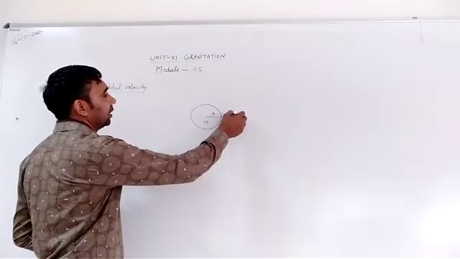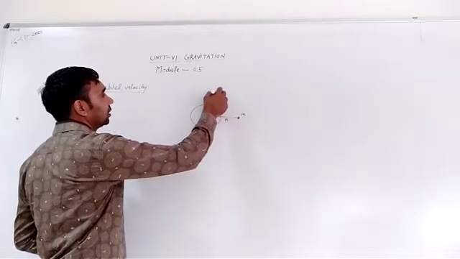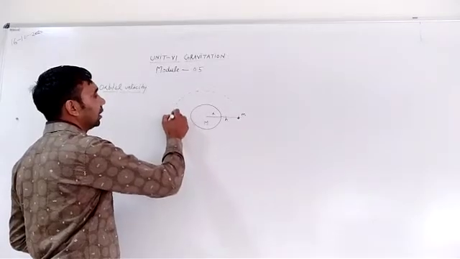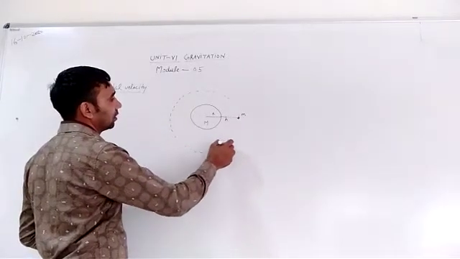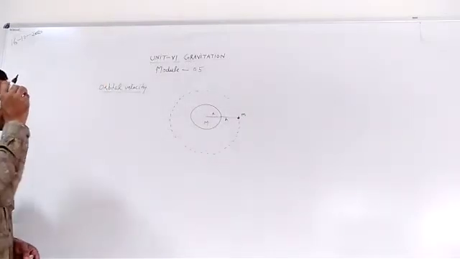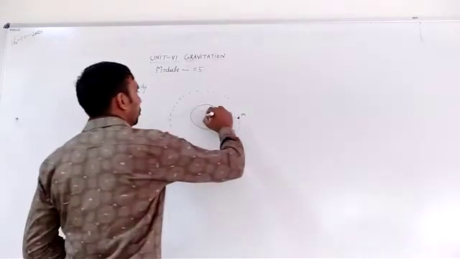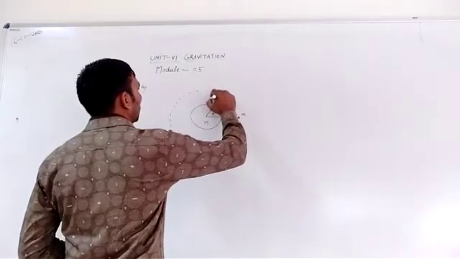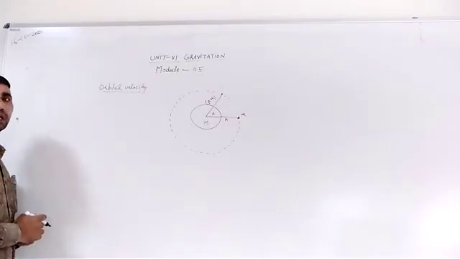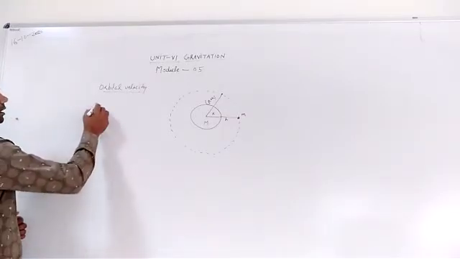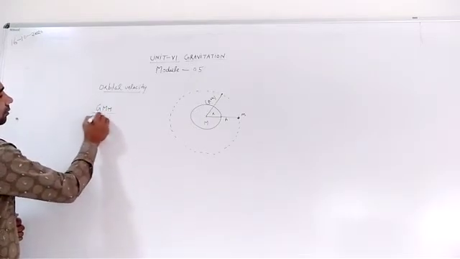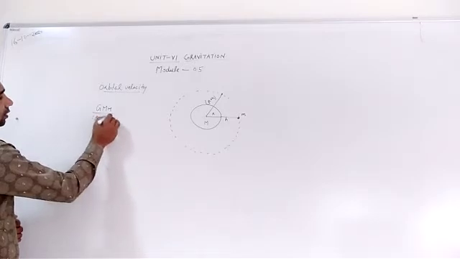Now, this satellite moves in this orbit with a particular velocity, that is called orbital velocity. According to Newton's law of gravitation, the force of attraction between satellite and Earth is GMm divided by (R plus h) square.